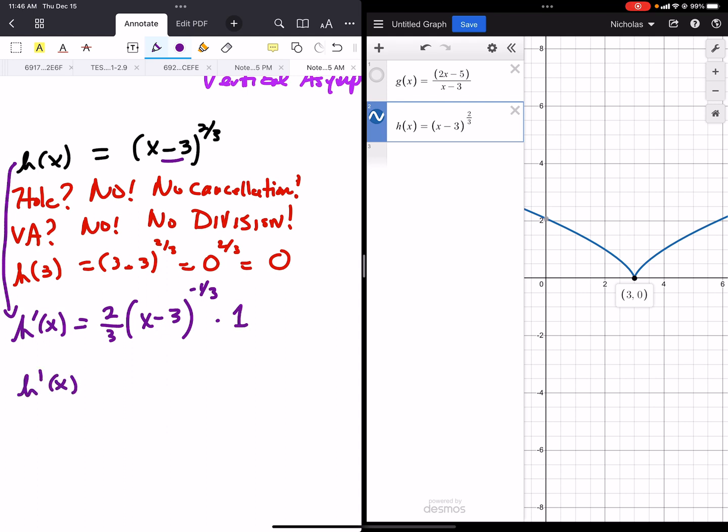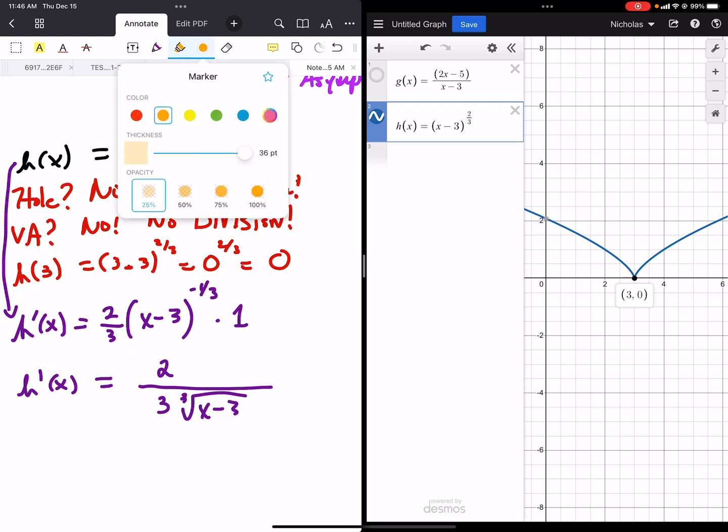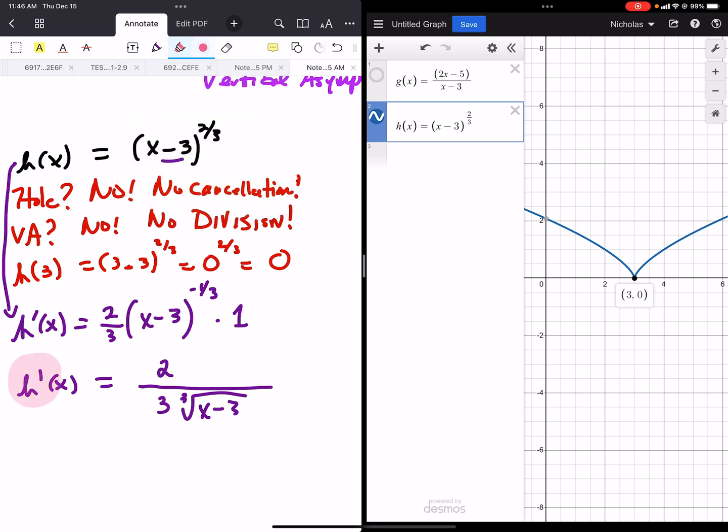Now I would turn this into a fraction, because I have a 2 in the numerator and a 3 times the cube root of x minus 3 in the denominator. So now I have a division in the derivative h prime, and therefore h prime of 3 does not exist.